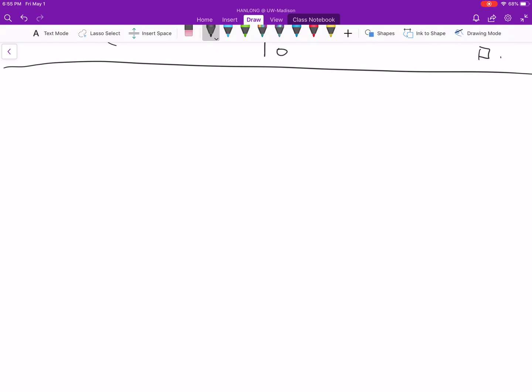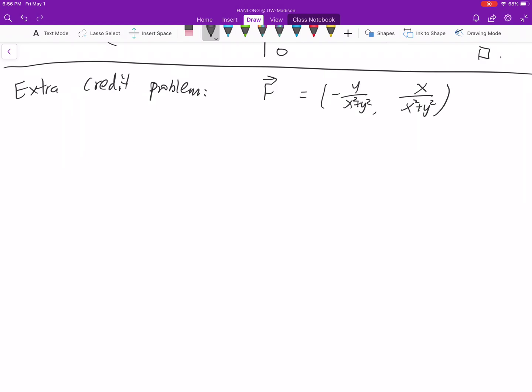Okay, next let's talk about the actual credit problem. Actually, this problem is a little bit easier than the previous one. So suppose you have the vector field given by this, and then question 1: compute the line integral along C1. So what is C1?